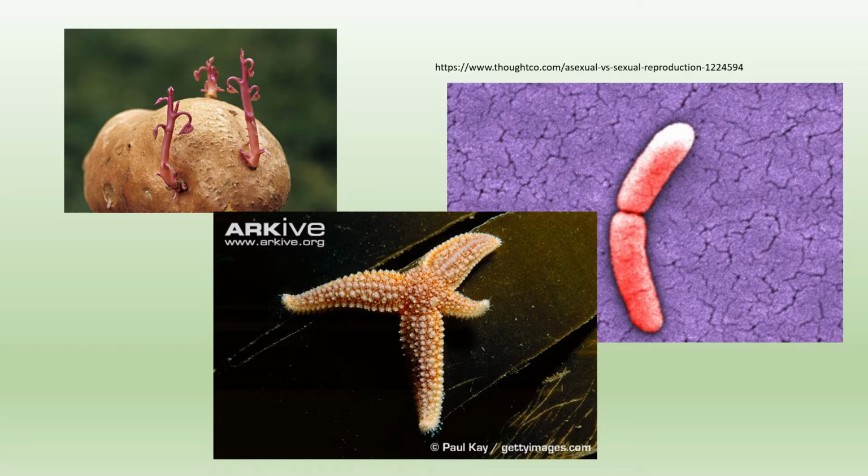And two bacteria will come together. A little bridge will form between the two of them, and they can exchange some DNA through that bridge. A bridge is a hollow tube. Now, bacteria, they get freaky.